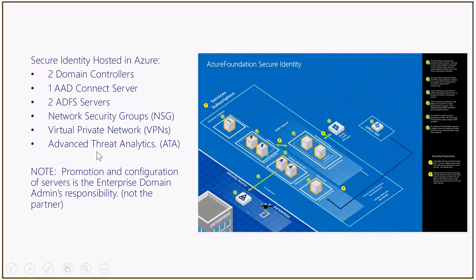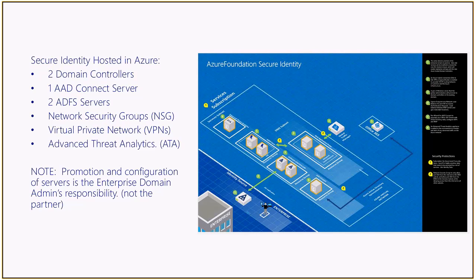We do virtual private networking to get your connection from on-premise, and then we talk about Advanced Threat Analytics to really help show your security stakeholders that by having Advanced Threat Analytics right next to your domain controllers in the cloud, you're going to know proactively if there are any threats in your environment.